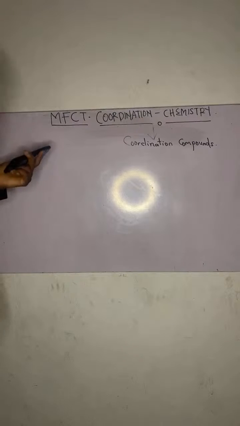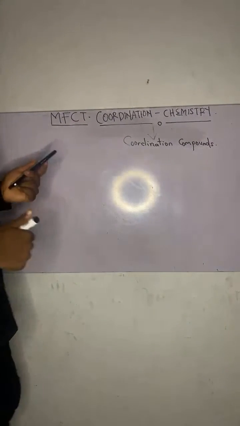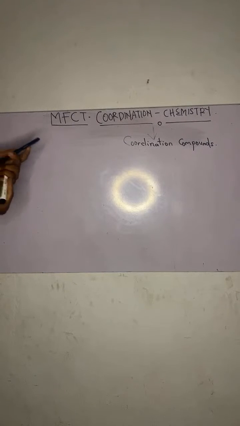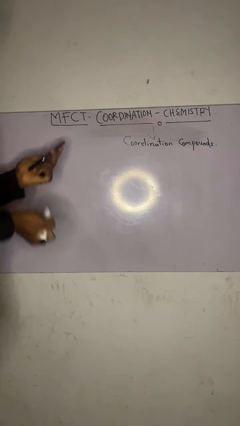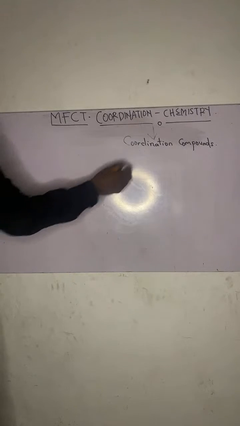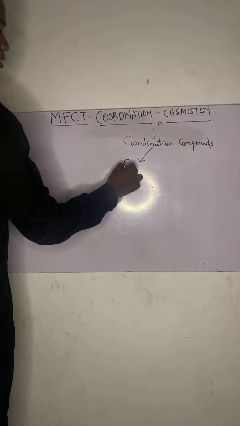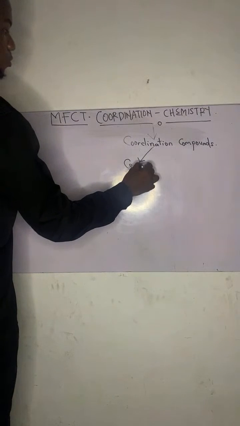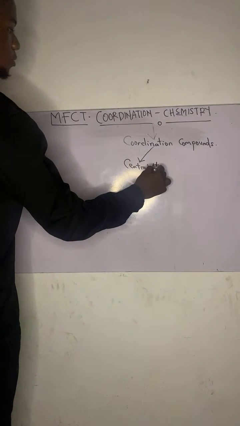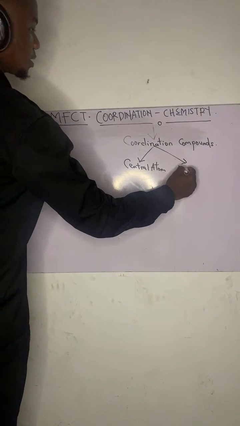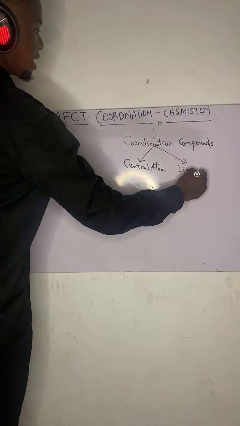Now, what are coordination compounds? What you have to note is that in the definition of coordination compounds, there are three keywords. The first one is central atom. The second is ligands.